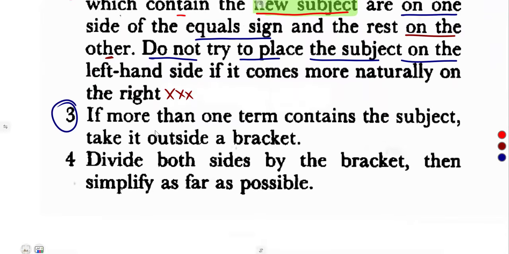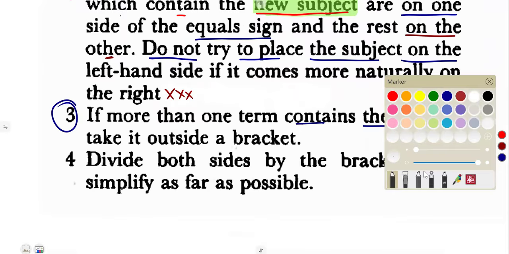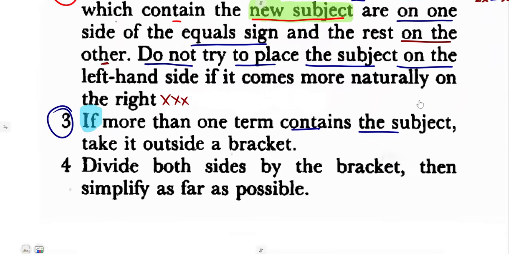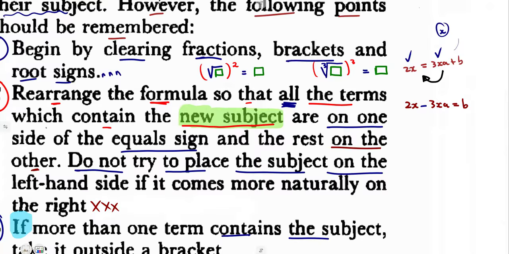Number 3, if more than one term contains the subject, a condition that can happen, like what we had here, more than one term, this has got x, this has got also x. We are talking about x being the subject.